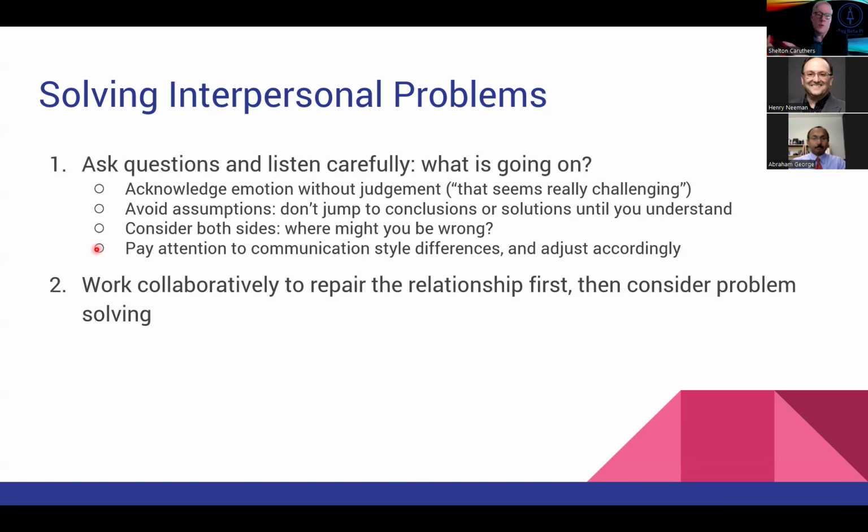While still someone else may think an empathetic communication causes them to lose respect for you. So everybody has slight differences. Pay attention to what those differences are and see if they're getting in the way of reaching this problem. And again, work collaboratively to repair the relationship first. Then once the relationship is repaired, consider solving the problem or restating the problem as you move forward.